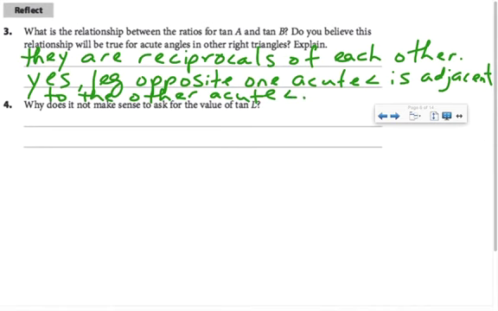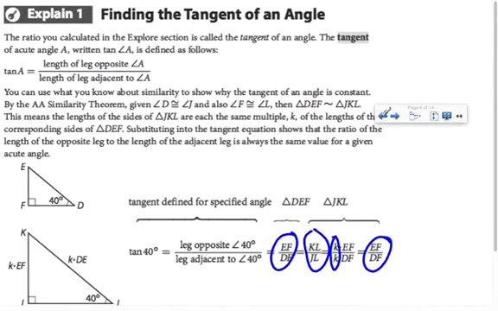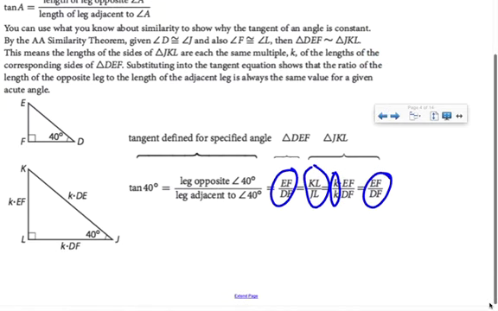Why does it not make sense to ask for the value of the tangent of L? Right? Well, what angle L are they referring to? They're talking about this triangle, and in triangle JKL, L is the right angle. Well, the definition of tangent is leg opposite the angle over leg adjacent to the angle. Well, angle L is my right angle.